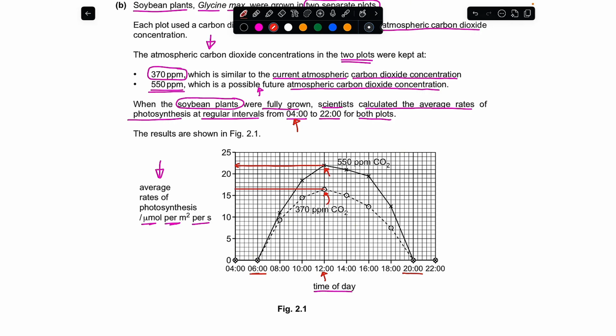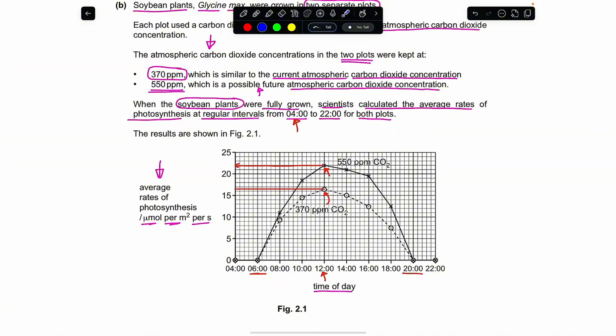The other point that I see here is that the photosynthetic process starts at 6 a.m. and then ends at 20 p.m. And this is common sense because at 6 a.m. the sun would try to emit the light radiation, then at 20 p.m., that would be 8 p.m. actually, there would be no light available with us.